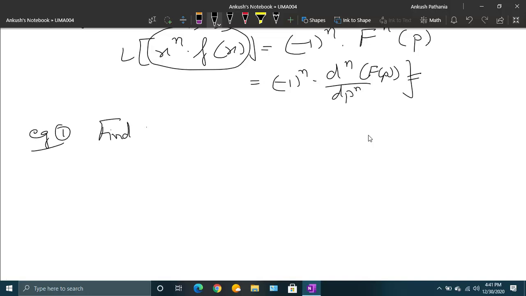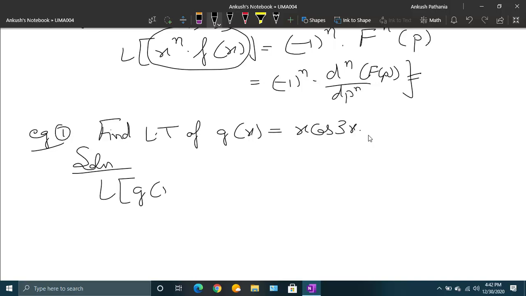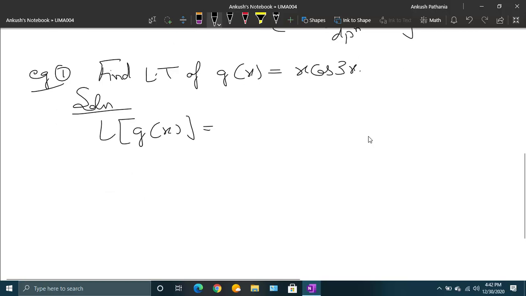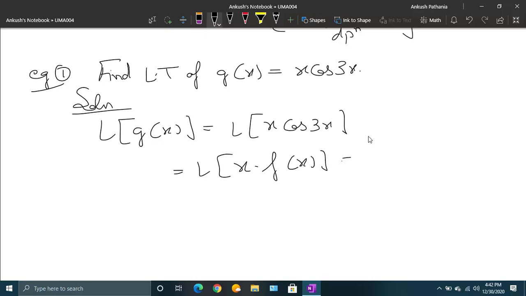Find the Laplace transform of g(x) equals x cos 3x. Solution: we have to find the Laplace of g(x). Since this is the first example, I will do it in full detail. The Laplace of x cos 3x is of the form x·f(x), the form in property number 2, where f(x) equals cos 3x.